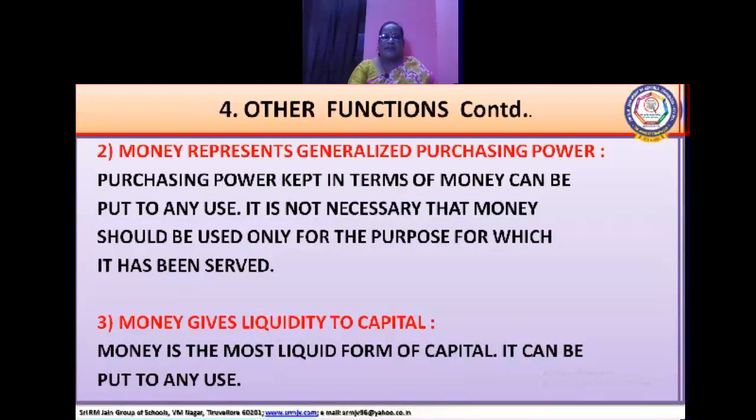That means we can use it for anything. Number three, in other functions: money gives liquidity to capital. Money is the most liquid form of capital. It can be put into any use.